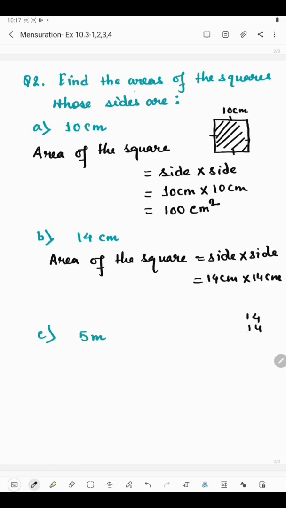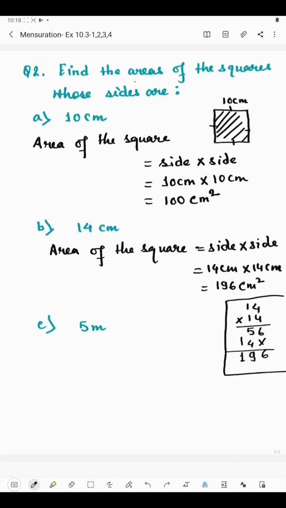So 14 into 14, 4 4s are 16, 6 1 carry, 4 1s are 4, 4 plus 1 is 5, 4 1s are 4, 1 1s are 1. So 6, 5 plus 4 is 9 and 1. So it's 196, and if you multiply the unit it will become square centimeter. So area of the square of side 14 centimeter will be 196 centimeter square.